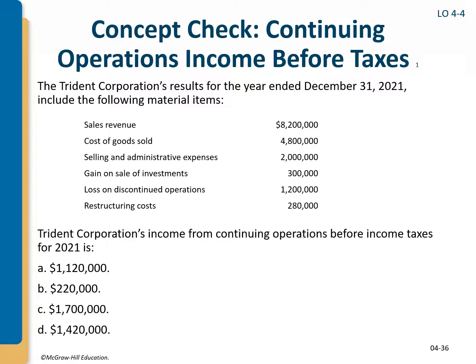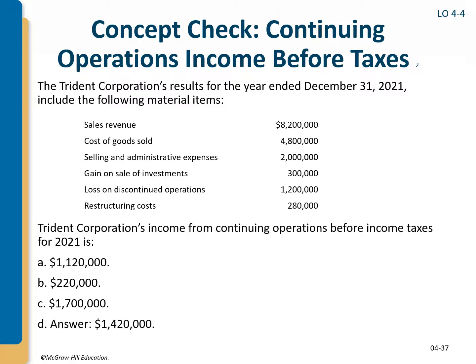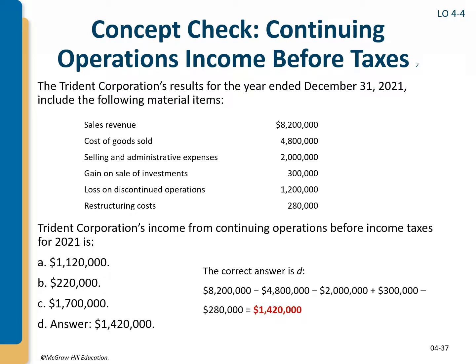That will give us operating income. We then add our gain on sale of investment. That's still part of our continuing operations. So $1,420,000. This loss on discontinued operations would occur after we report continuing operations. And there's the calculation.